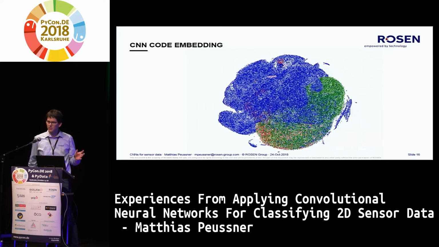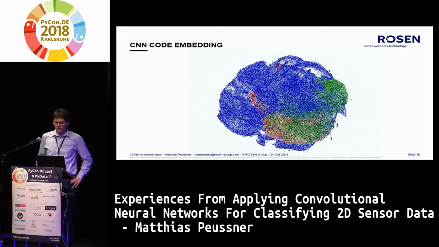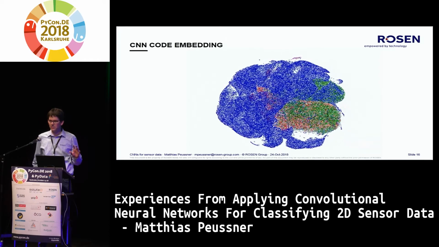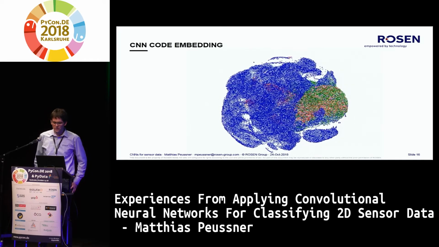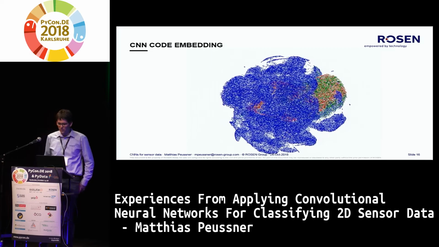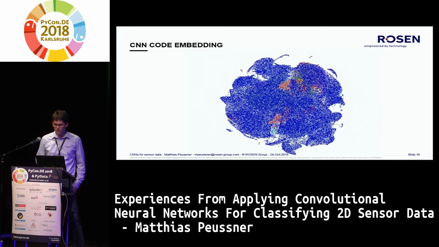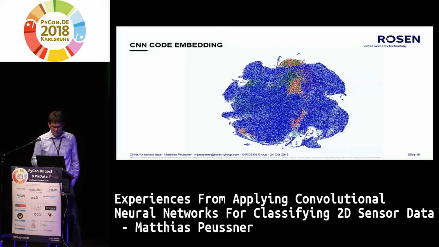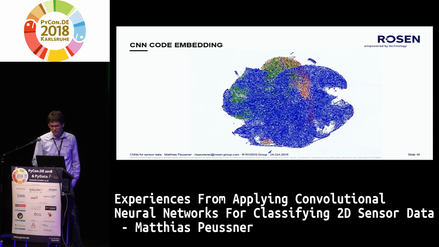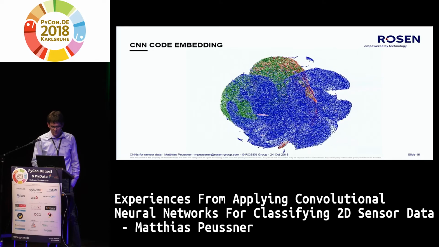Maybe there is a little bit more space in 3 dimensions, so the clusters are a little bit better than in 2 dimensions. But of course it's harder to analyze a 3-dimensional space using a computer than a 2-dimensional space.